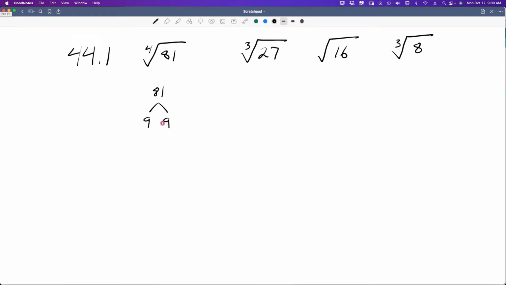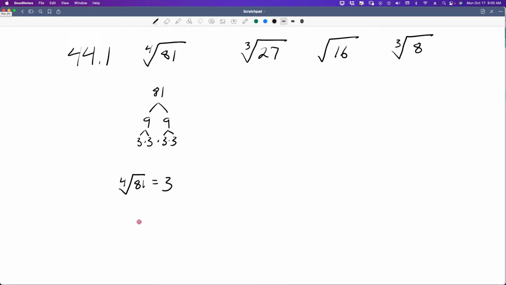If you know your squares, then you can multiply your squares to find fourth roots, right? 9 is 3 times 3. So that means that the fourth root of 81, 1, 2, 3, 4, the fourth root of 81 is equal to 3. Because we can say 3 times 3 times 3 times 3 to get 81.